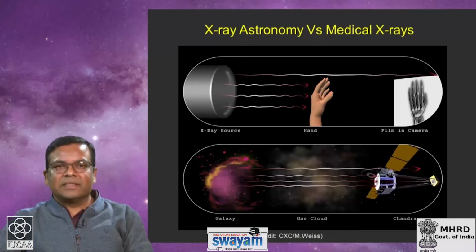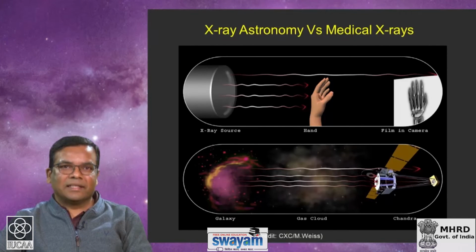Many people ask this question: what is the difference between medical X-rays and X-ray astronomy? In medical X-rays, in a doctor's office, usually there is an X-ray generator at one end, and a few meters across there is a camera which records the X-rays generated from this X-ray source.